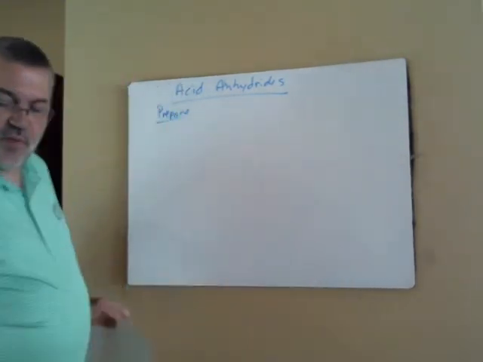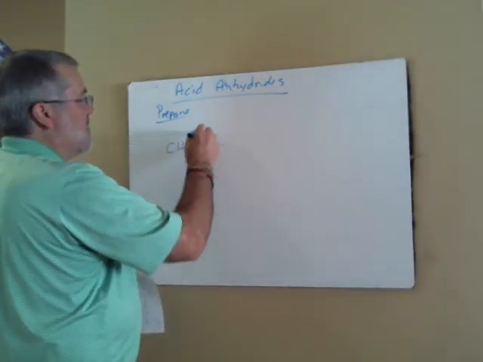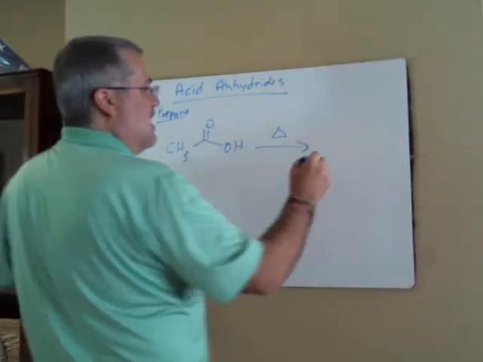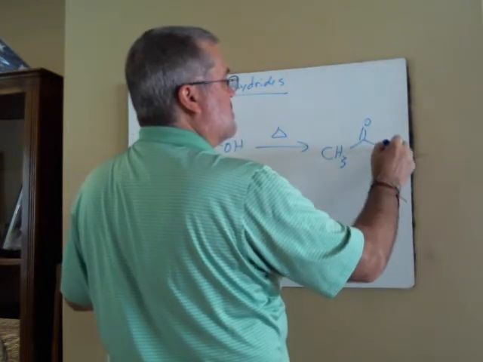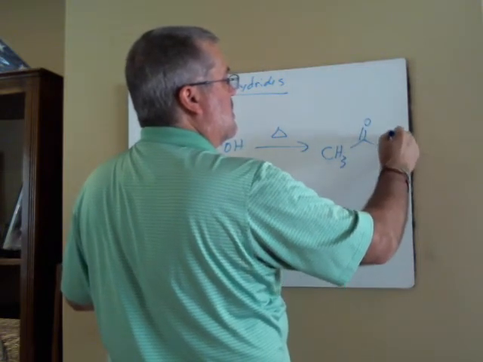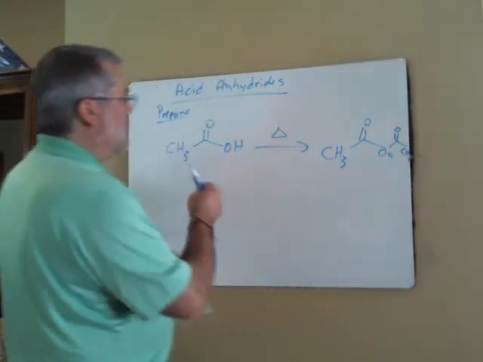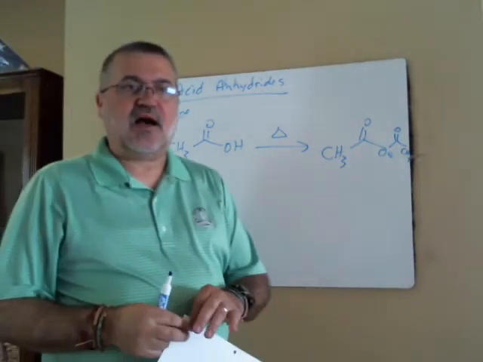And so we talked about also being able to take something like acetic acid and heating it. And it would give us the same product we just saw being made by this other method. So both of these methods would make that same acid anhydride.